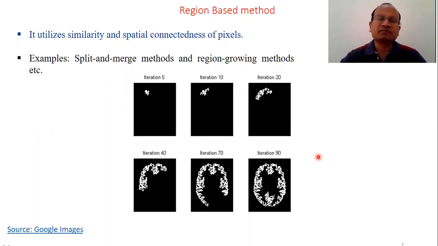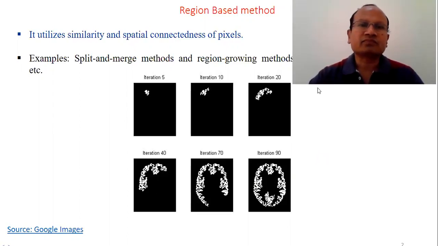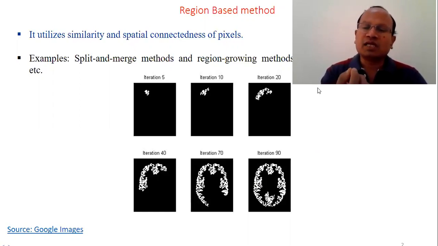In region based, what actually we do, we check the similarity. We want to segment an image. We choose some seed pixels, a group of pixels, and then we check some similarity.